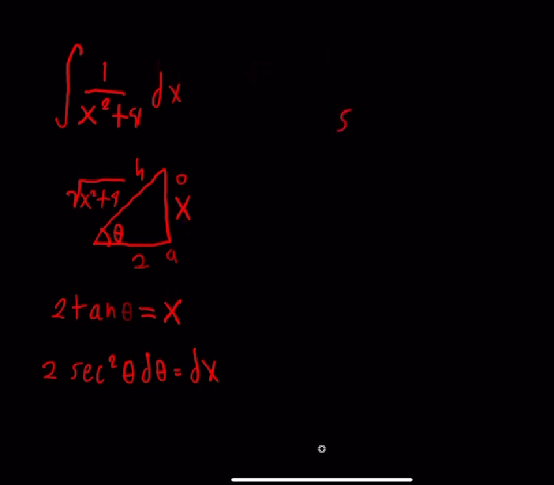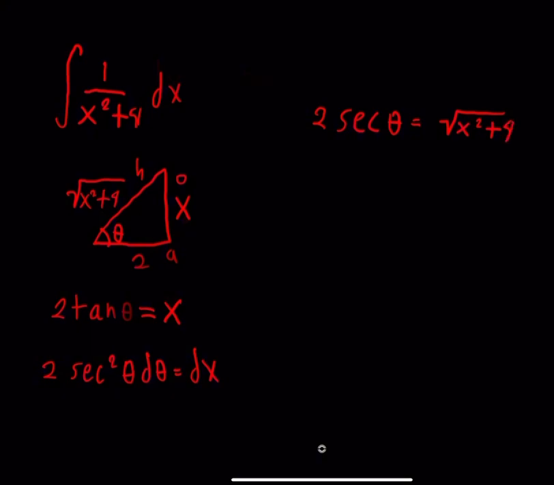It's going to be secant theta, 2 secant theta is equal to root x squared plus 4.